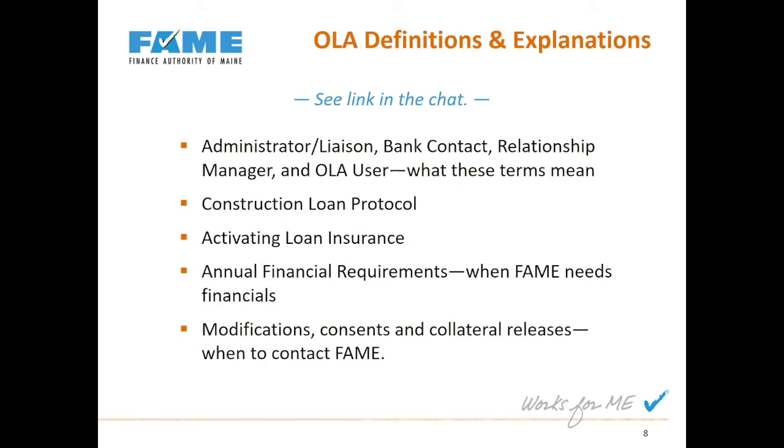On construction loans, we require the commitment fee and the authorization come back prior to the full loan going into full repayment. On this document, you'll see that we've noted the annual fee is to be paid when the loan goes into repayment. And that's when the loan insurance becomes effective. This construction protocol applies to all OLA loans and to any traditional paper application.